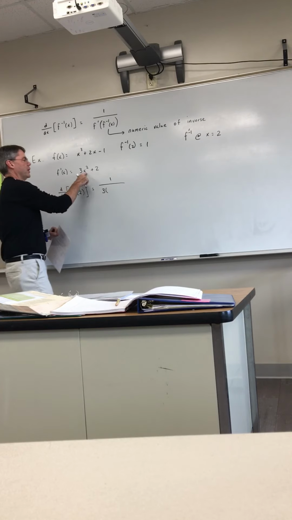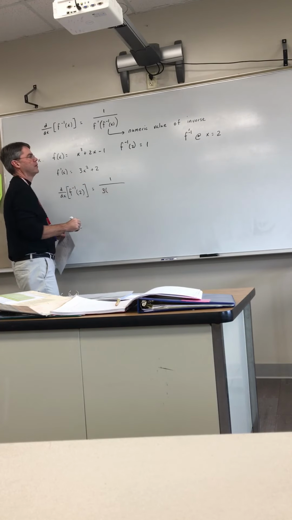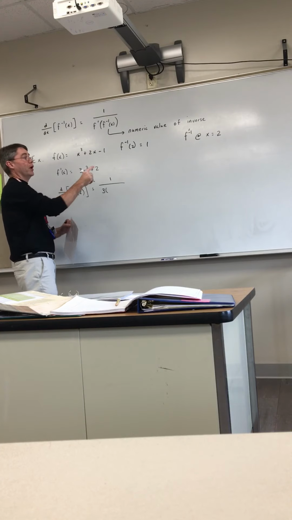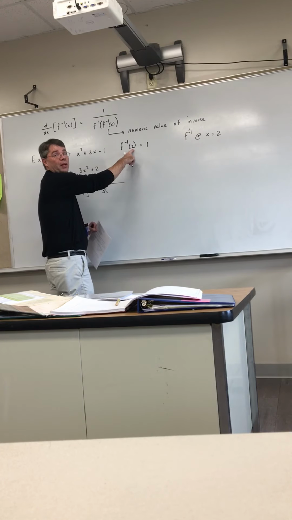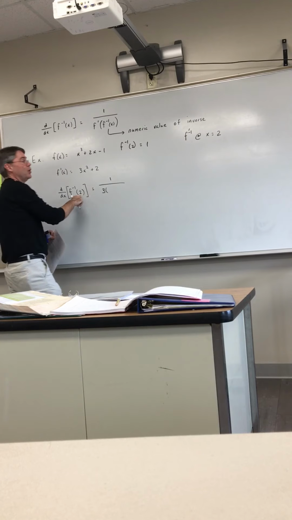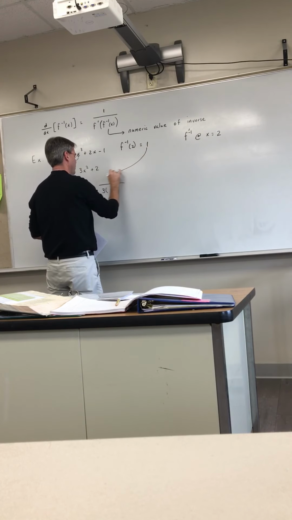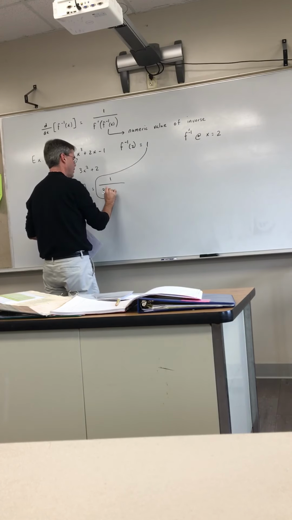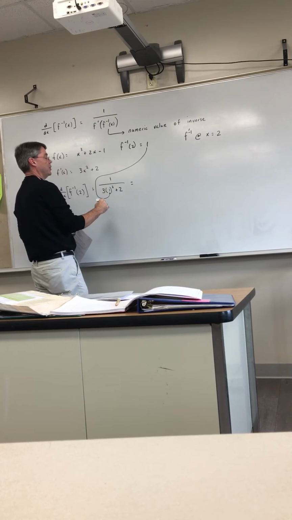No, what am I going to plug in? Oh, for x. 1. 1, right? Don't accidentally plug in 2. That's what you're trying to find. So that's going to be 1/5.